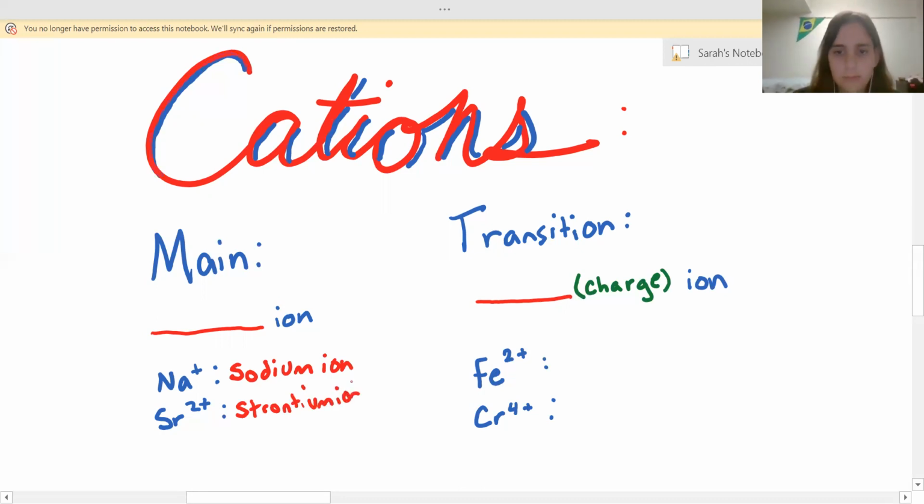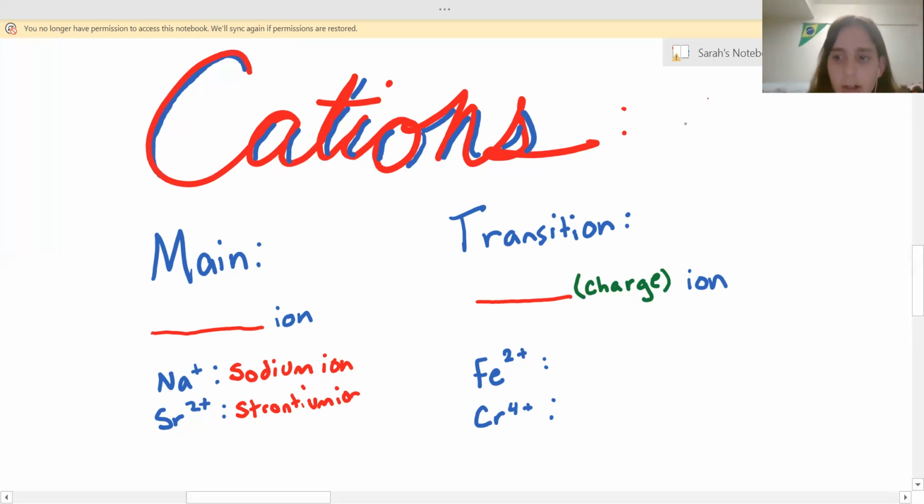Now, a little bit different, we have the transition cations. Because these cations aren't consistent in their charge, we need to clarify that when we name them, so that the chemists you're talking to know what charge iron you have, for example.